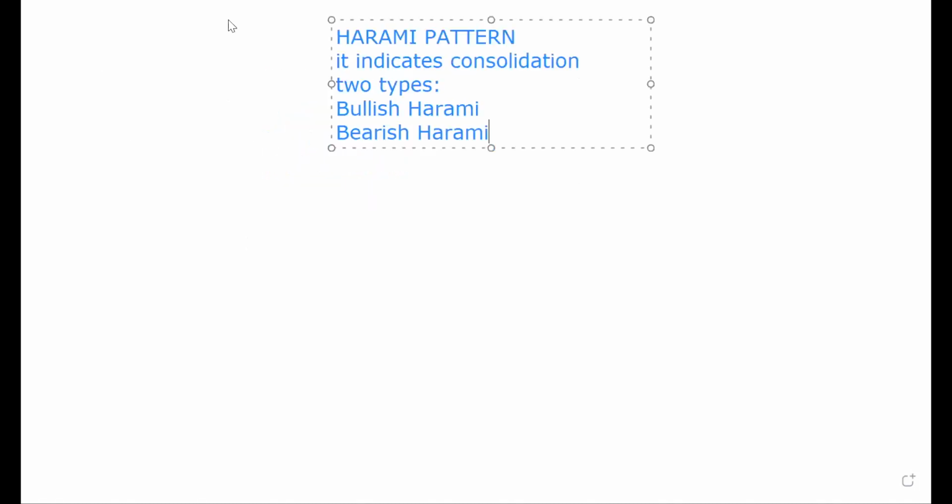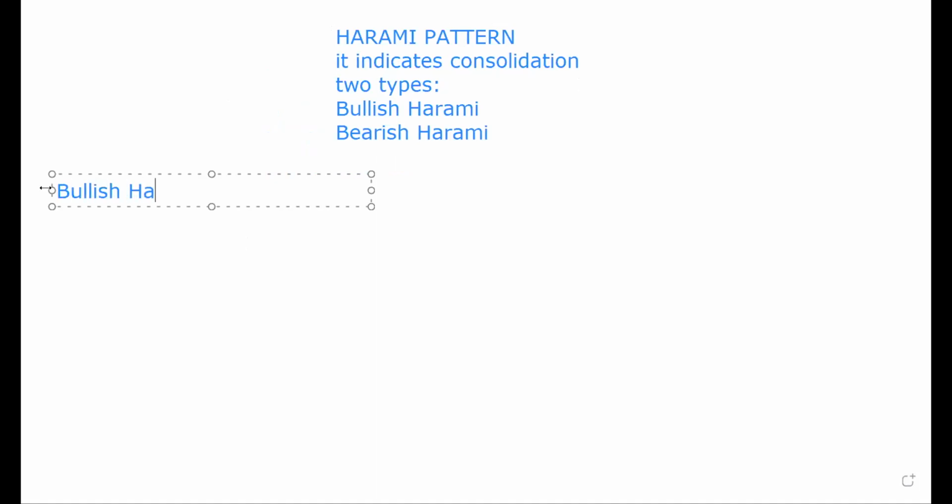So today I'm going to talk about the bullish harami. The bullish harami is comprised of two candles. Remember, every time you are looking at a bullish pattern, you always start with a sell candle, okay?